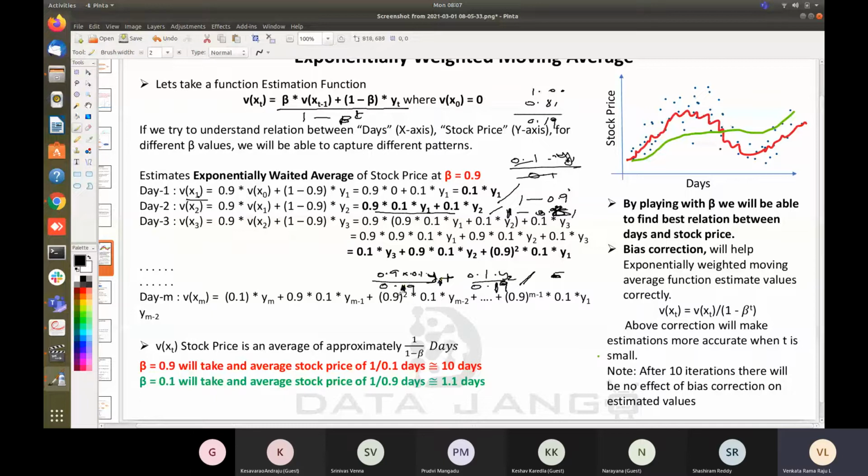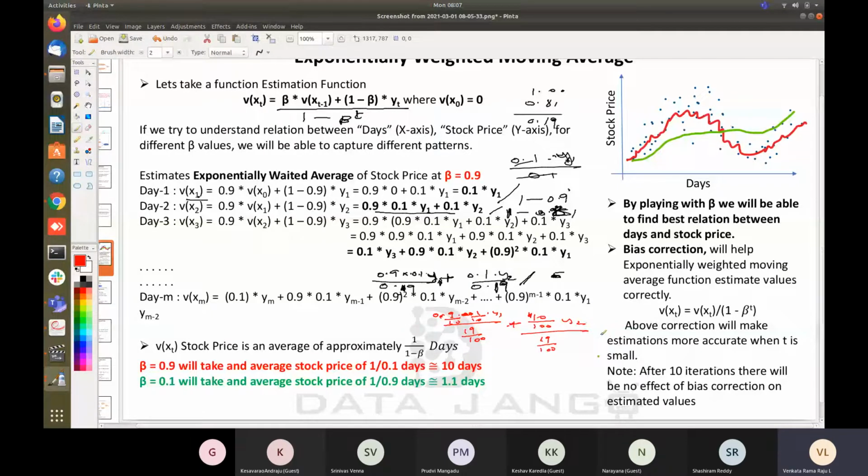So let me try to put it in red. 0.9 into 0.1 into y1 divided by 9 by 10, 1 by 10, 19 by 100. And 9 by 10 plus 10 by 100 into y2 divided by 19 by 100, right?